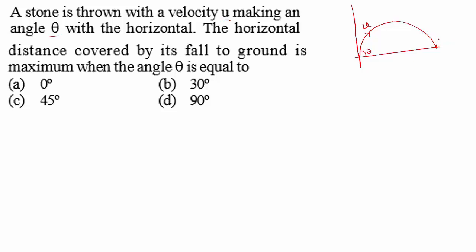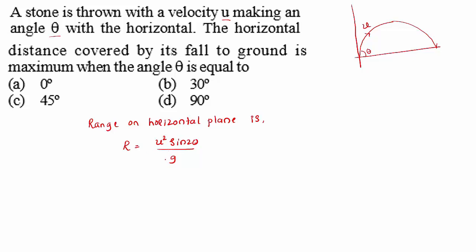So we know the range on a horizontal plane equation. In projectile motion you already studied. Range on a horizontal plane means we have the equation R equal to u square sine 2 theta divided by g. This equation we can use and we have to find when it is maximum.